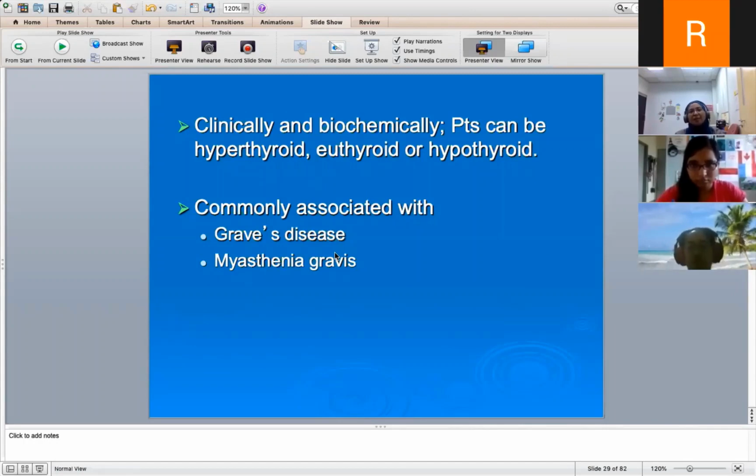Very occasionally, when you do a thyroid function test in this patient, the thyroid function is normal or even low. Commonly, it occurs in hyperthyroid patients. Now, remember, once you have thyroid Graves' disease, about a quarter of patients might also have myasthenia gravis at the same time. So it is a very deadly kind of systemic condition, so you have to diagnose the patient early.